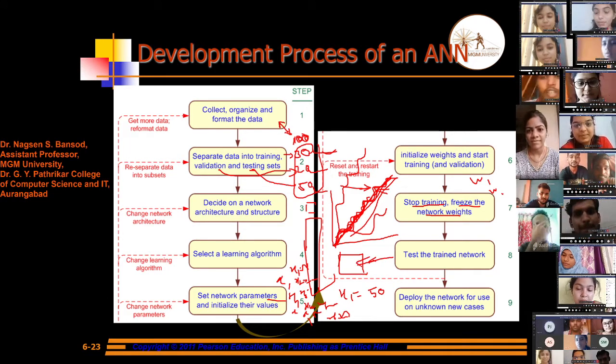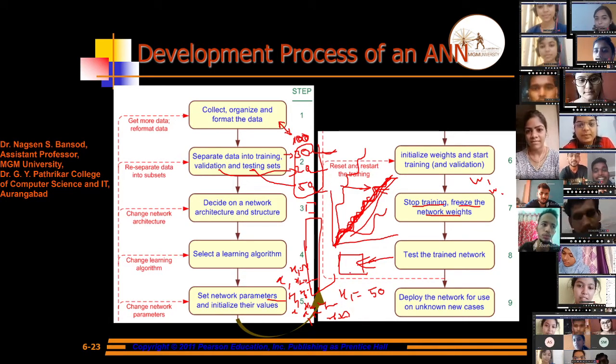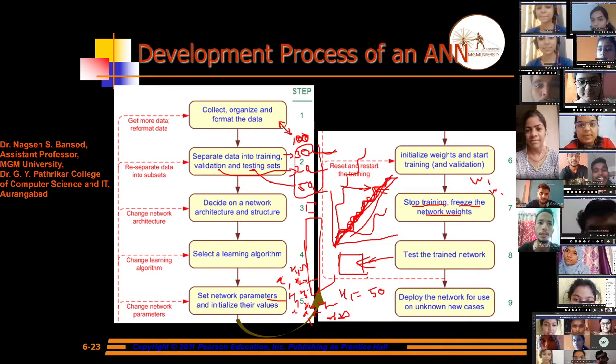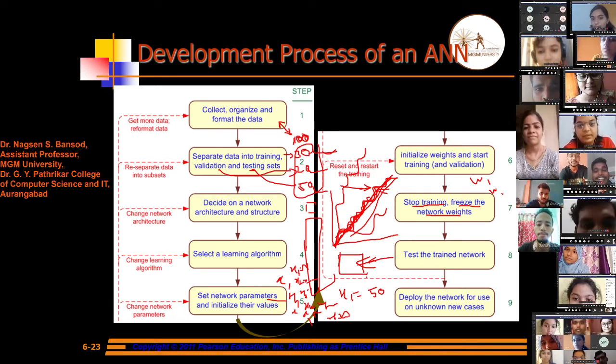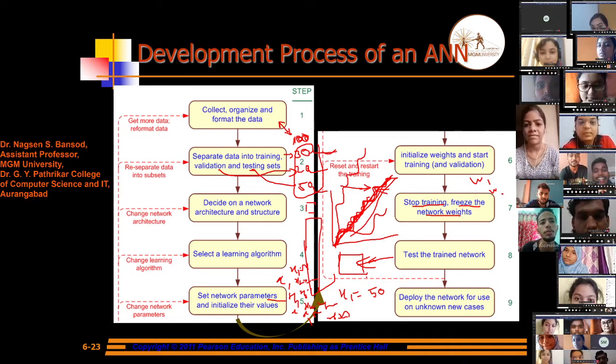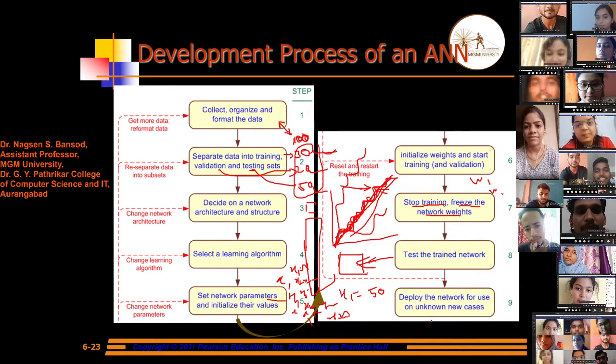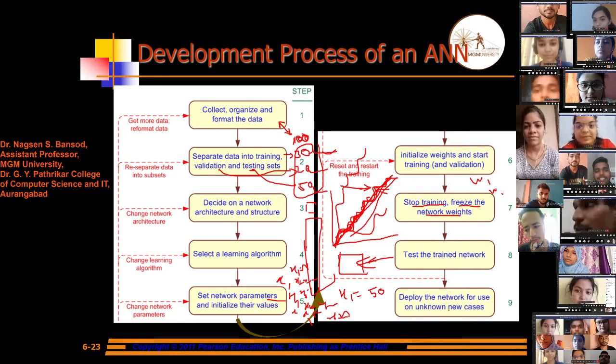Then we will test this model for actual business, and if this model is good, we will sell this model for prediction purposes or data classification purposes in real business. Deploy the network for use on unknown new cases.